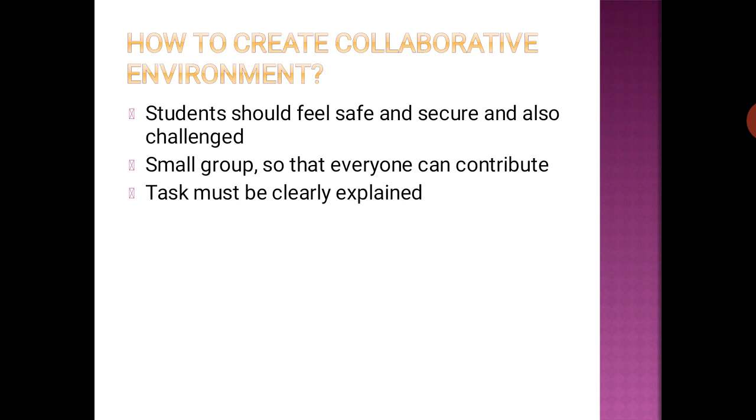What is the role of the second student? Each one has got a role. So the first student's role, second student, third student, fourth or fifth. So the task must be clear: its purpose, its objective, and why the students are to complete this task. What is the end result? And what is the role of each and everyone in the group, and what should be your motto, how you should proceed. See, everything should be clearly explained. So these are the 3 things, the 3 tips or 3 requirements for creating a collaborative environment in your classroom.